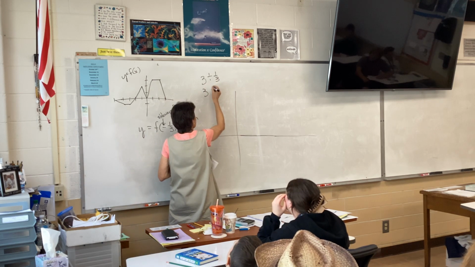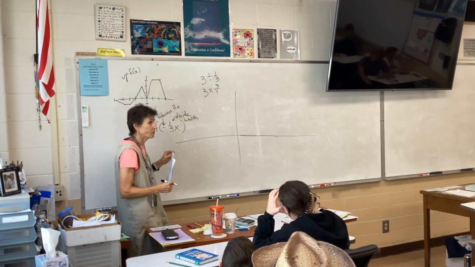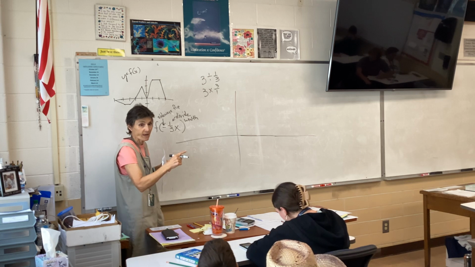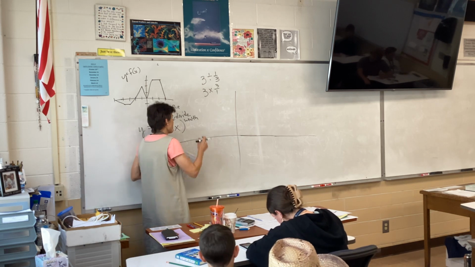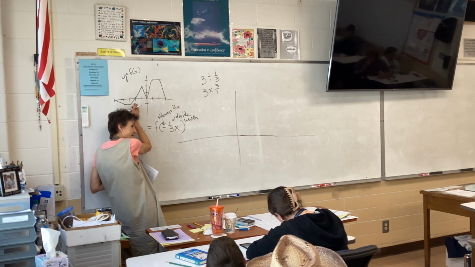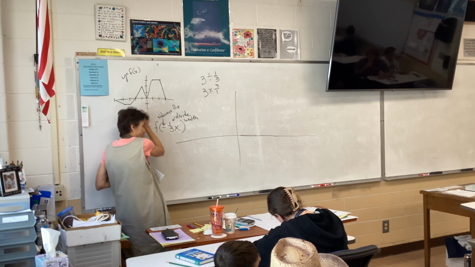3 divided by 1/3 is 3 times 3/1. You multiply by the reciprocal. Our siblings know that, right? So this trapezoid is going to come over to this side, and it's going to be 9 wide.